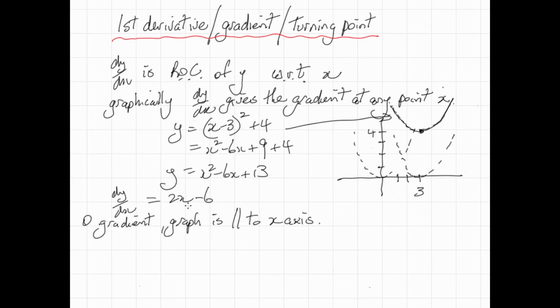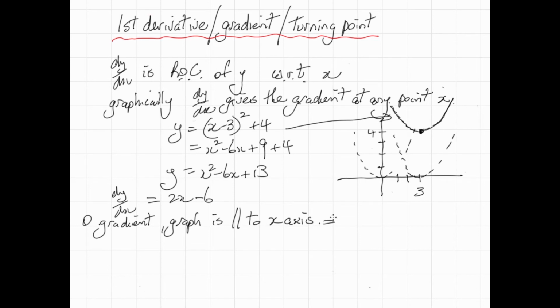So if we find where this is equal to 0, since dy dx is the gradient at every point, we'll find where we've got 0 gradient. 0 gradient simply means that the tangent drawn to this graph will be parallel to the x-axis, and most of you will realise it'll be at this critical point here, 3, 4.